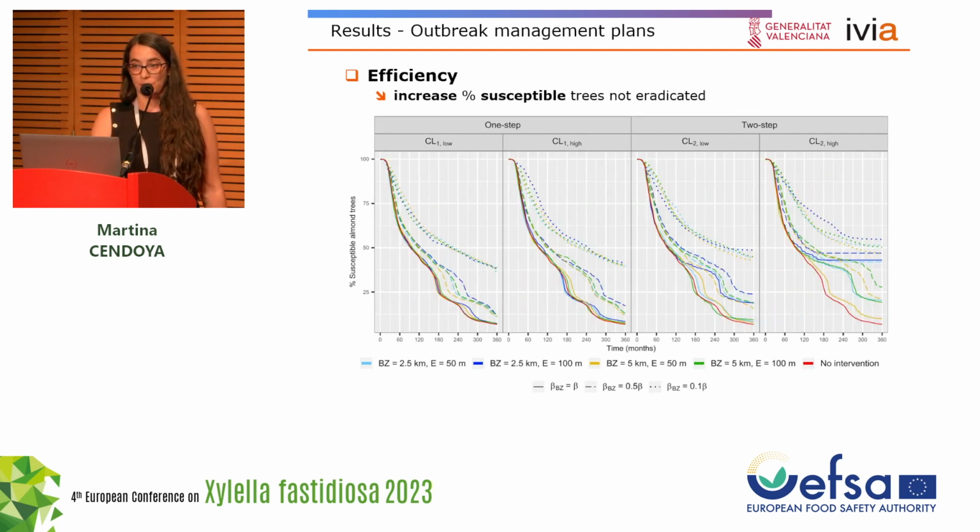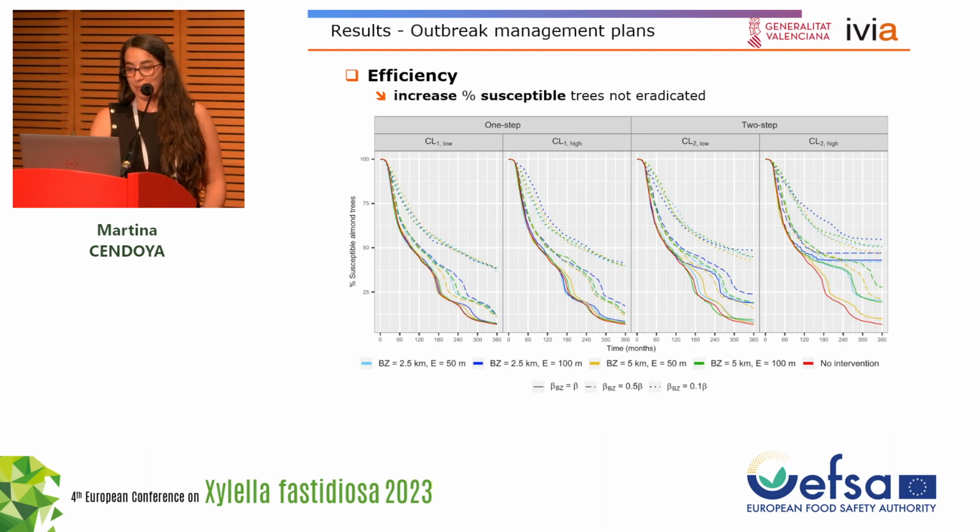But in terms of efficiency, measured as the increase in the percentage of susceptible trees not eradicated, we can see that many combinations of these outbreak management plans have the same result as without any intervention.